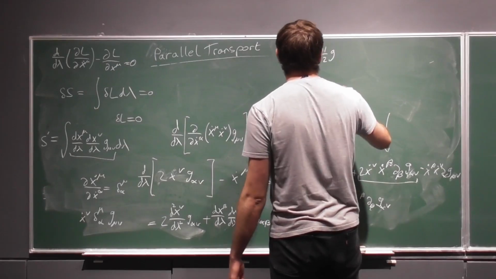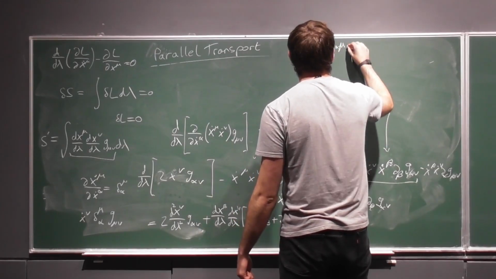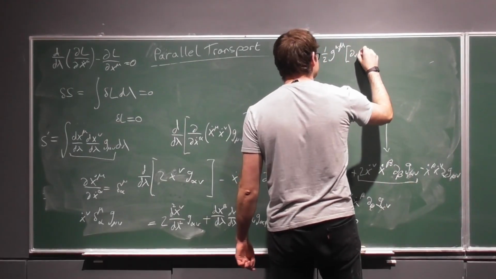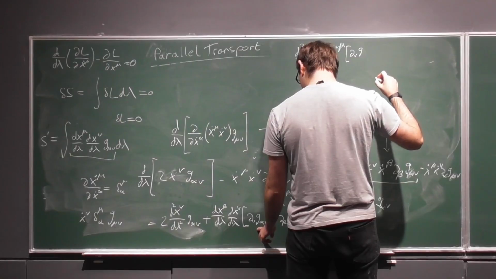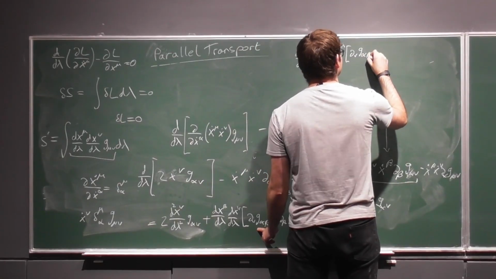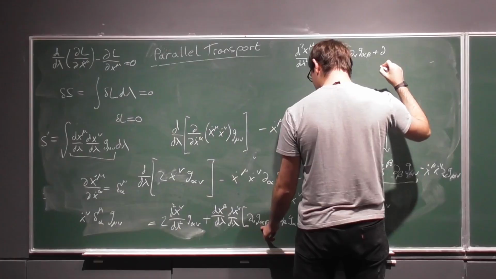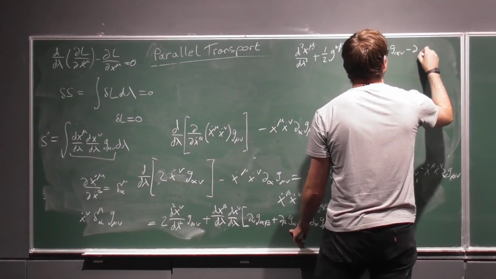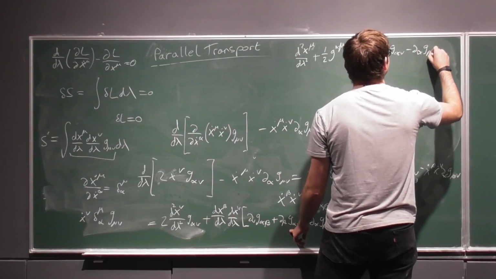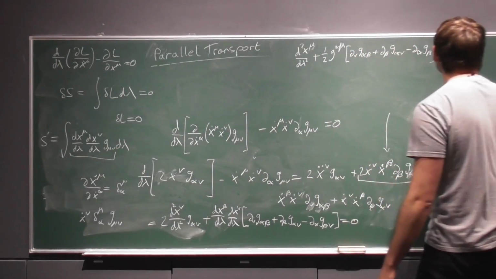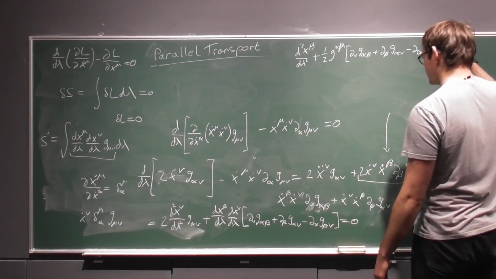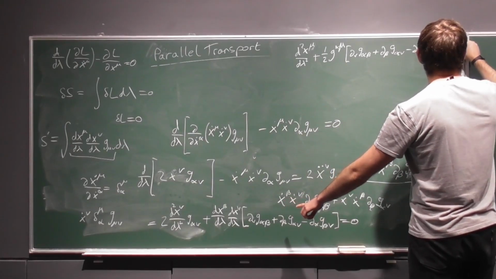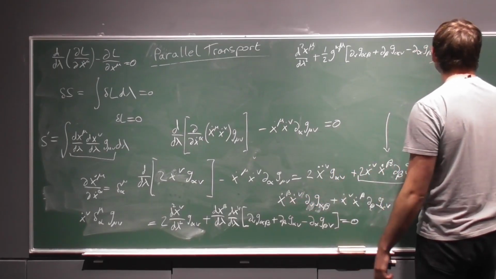That would make that one up there mu, alpha mu. And then what's inside here remains the same: d nu g alpha beta plus d beta g alpha nu minus d alpha g beta nu. And then that's with dx beta, or x dot beta, x dot nu. And that's equal to 0.